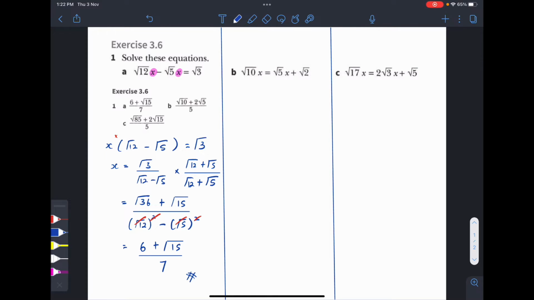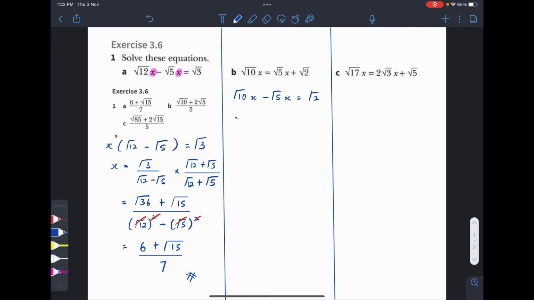Root 10 x equals root 5 x plus root 2. I want to make the x's come together, so I moved root 5 x to the left side and it became a negative.